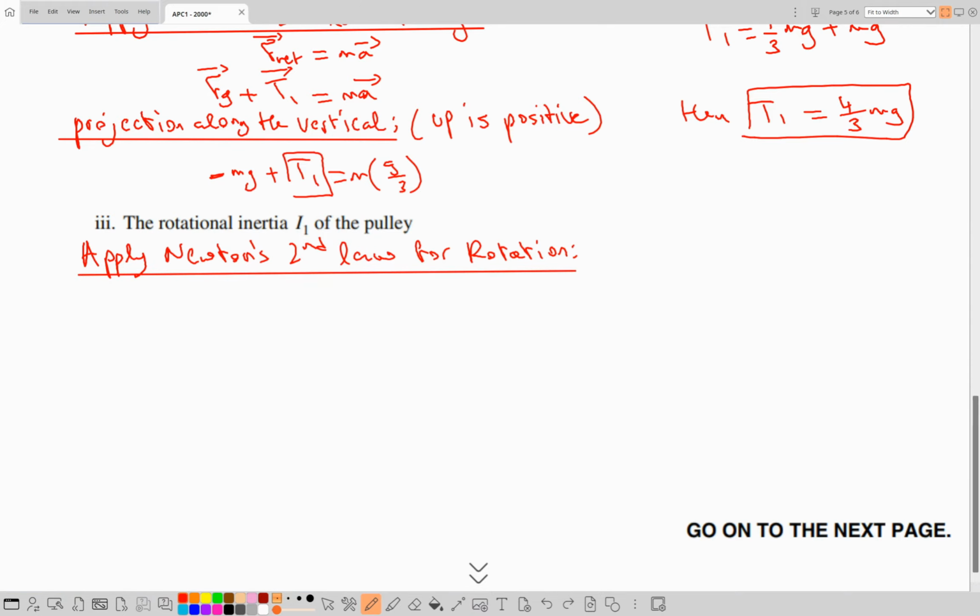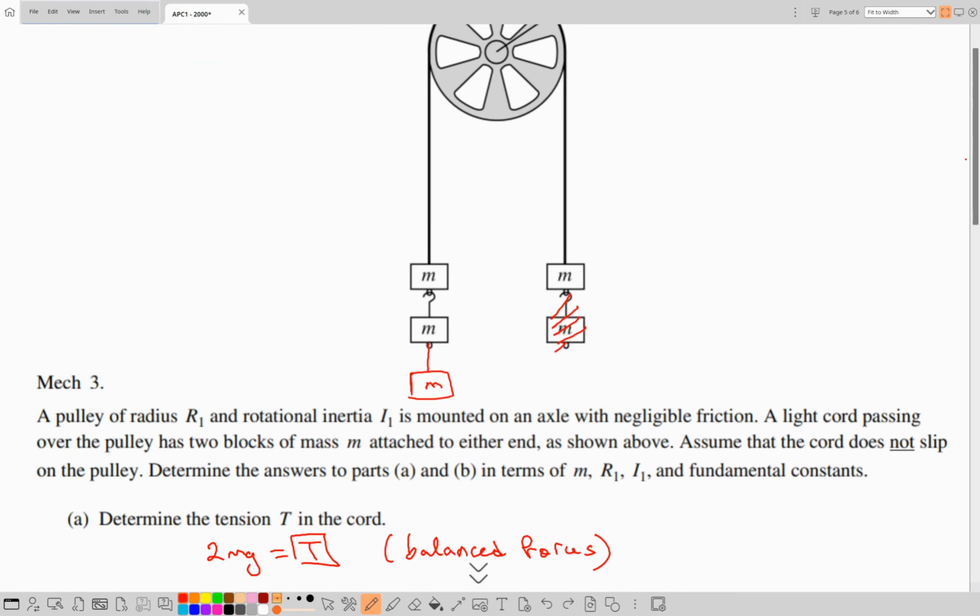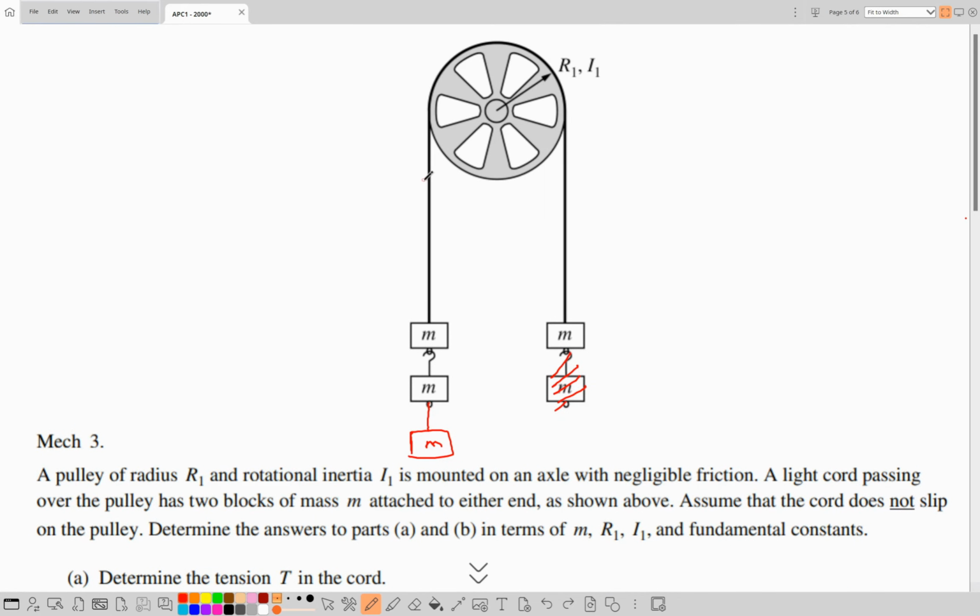And now here we are applying this to the pulley. Now what are the forces acting on the pulley? We have the tension T1 and we have the tension T3. Sorry, that would be T3 and that would be T1.